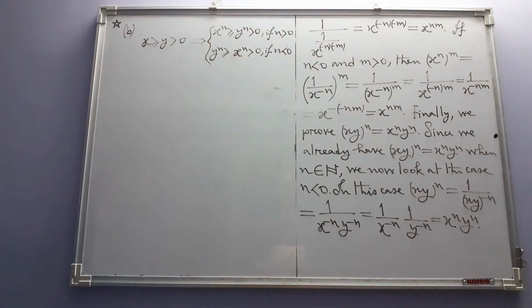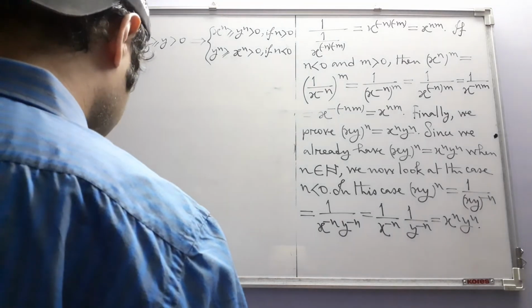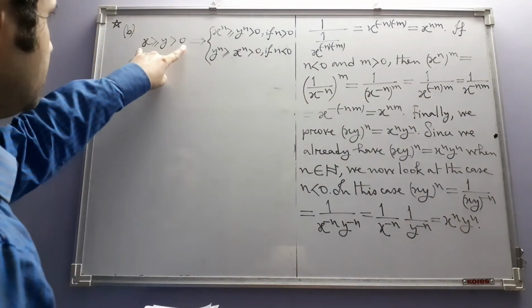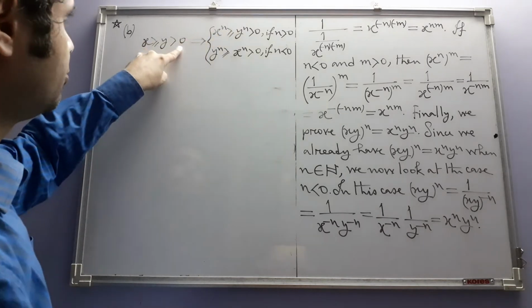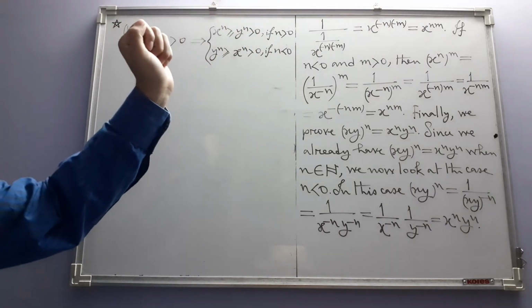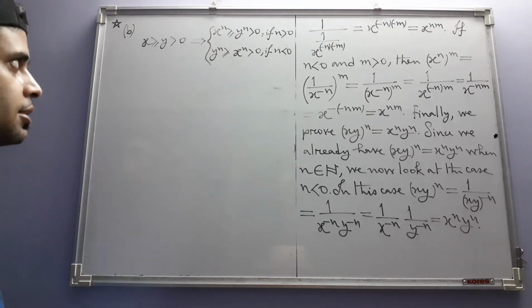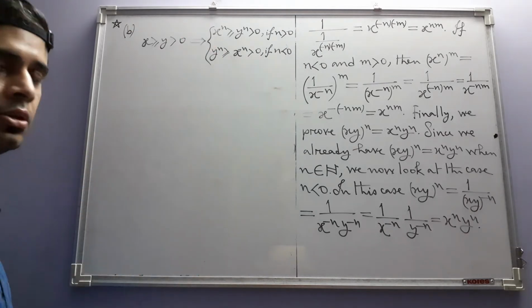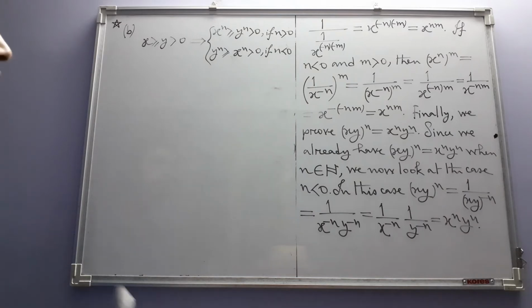This is the assertion of part B. Now, if n is positive, this follows from proposition 4310b. So from there itself it follows. So we just have to look at the case where n is negative.